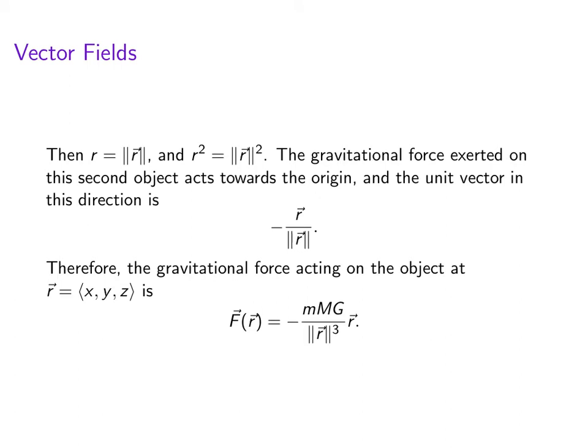So the gravitational force acting on the object at the point (x, y, z) is F of r, which is equal to negative m times big M times G over the length of r cubed times the vector r. That's because we're taking this expression and multiplying by the expression that we had on the previous page.